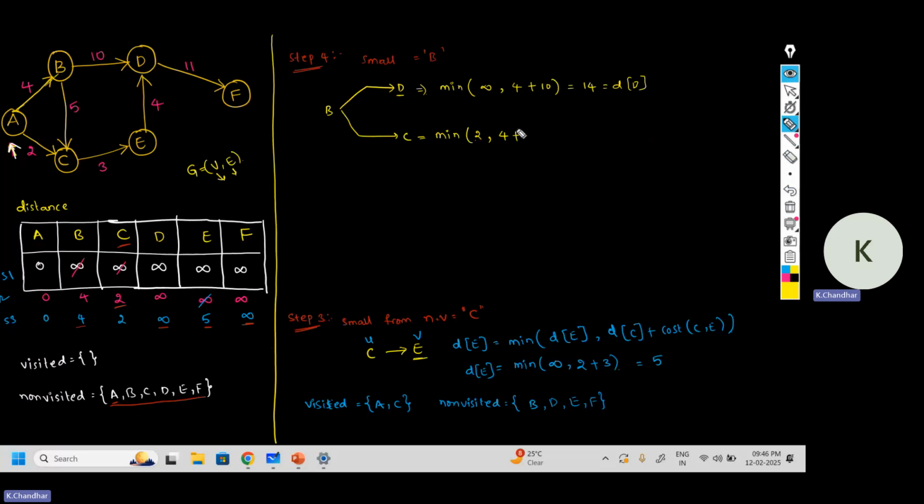B comma C cost is 5. So this is 9. Will you go with the distance 2 or with the distance 9? The minimum is 2, so I am going to take it as 2. So where can I update this one? D of C. Now let us see the updated results.